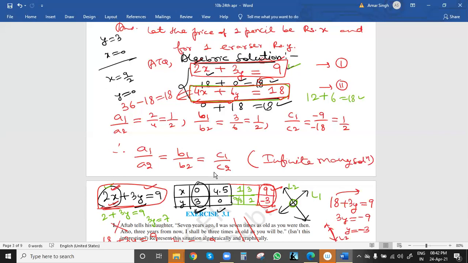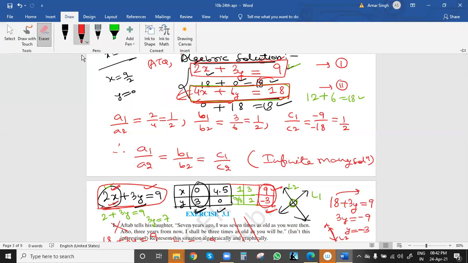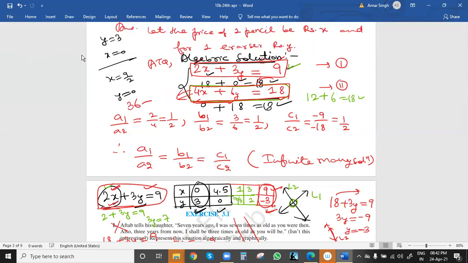So if we first put 9 for x, 9 fours are 36, minus 6 threes are 18, so the left hand side is 36 minus 18, which is 18, equal to the right hand side. These values are satisfying.